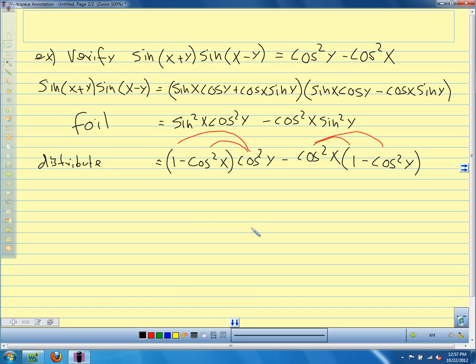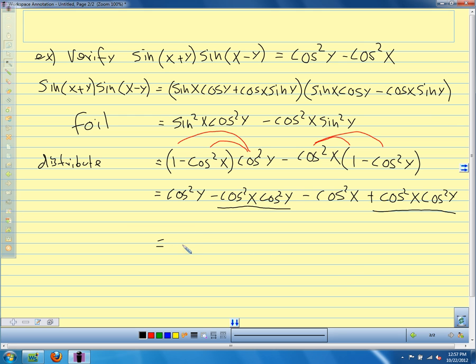So when I distribute, I get cosine squared y minus cosine squared x cosine squared y, distributing there, minus, and when I distribute here I get cosine squared x, and I get a minus and a minus, so that turns into a plus cosine squared x cosine squared y, and I have a minus cosine squared x cosine squared y there, and a plus cosine squared x cosine squared y there.